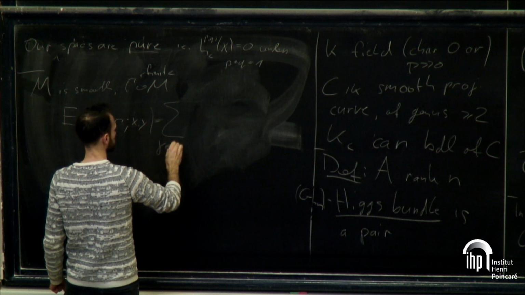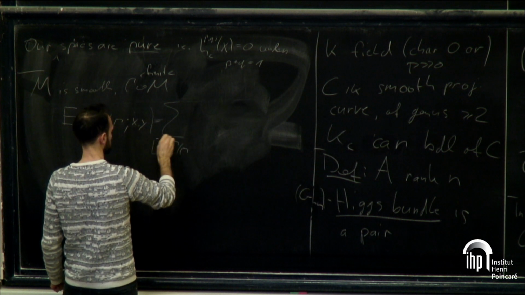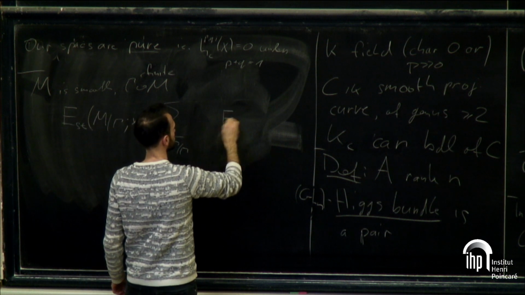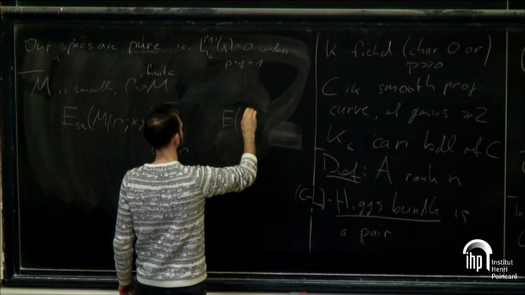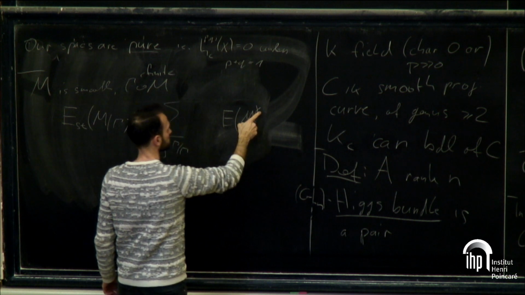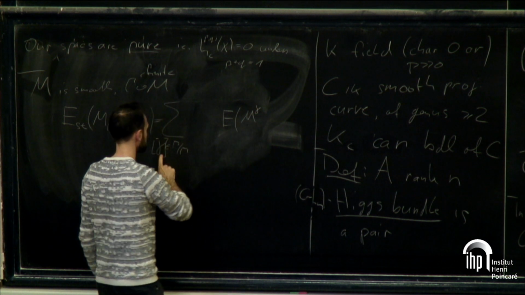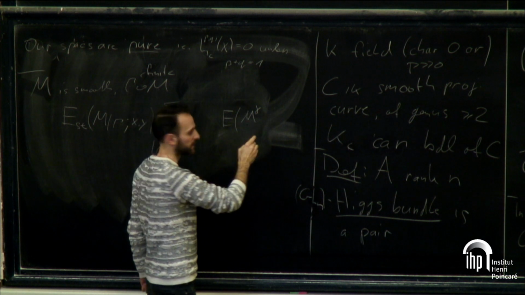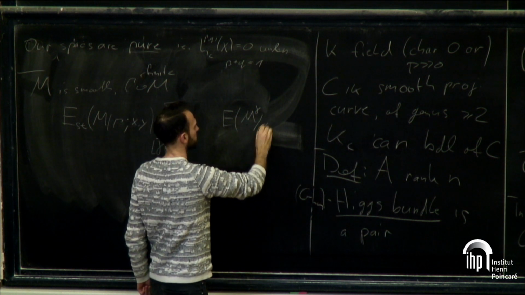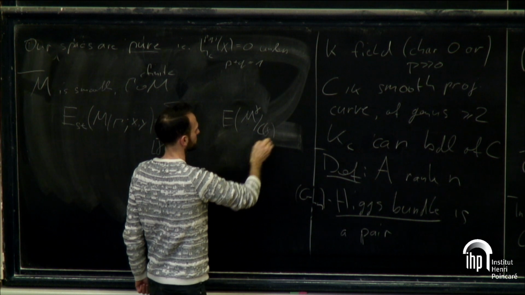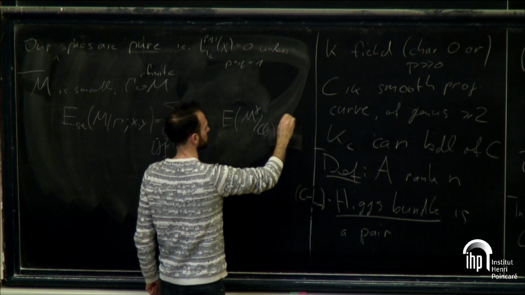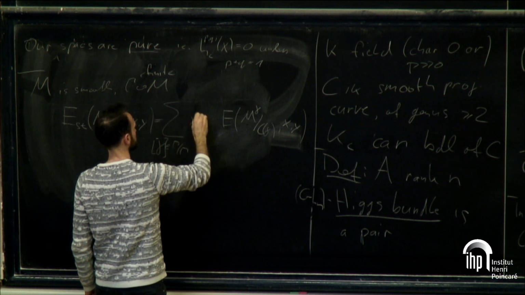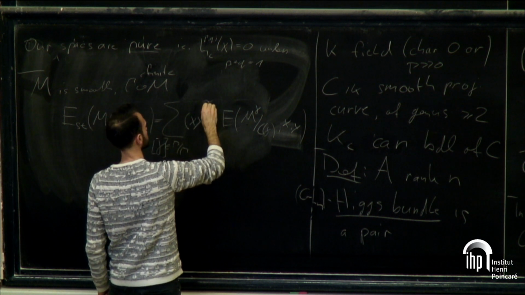So I would sum over all conjugacy classes, and I consider the space. So for each, I pick some representative. I look at all the points that are fixed by this single element. It still has an action by the centralizer of gamma, and that's the E polynomial I consider. And then I sum up, and there's some correction term here.